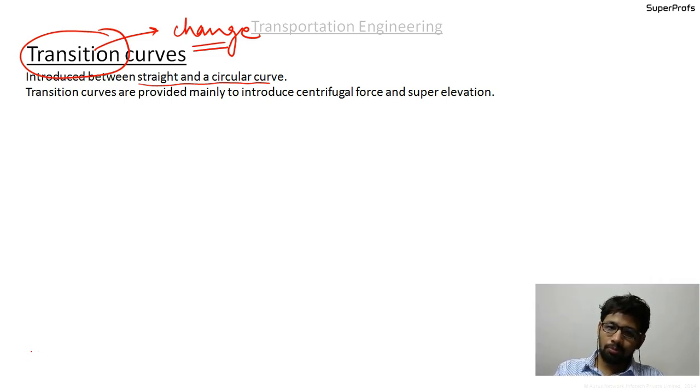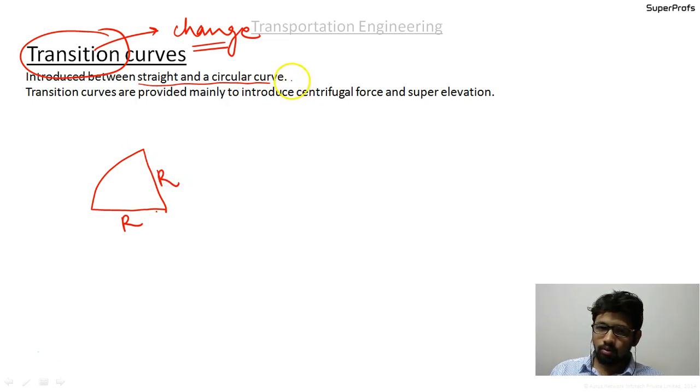Before going through all these definitions, I would like to tell you through an example what the requirement of transition curves is. If there is a curve on a road like this, having a definite radius r. A curve is used to join two straight roads.